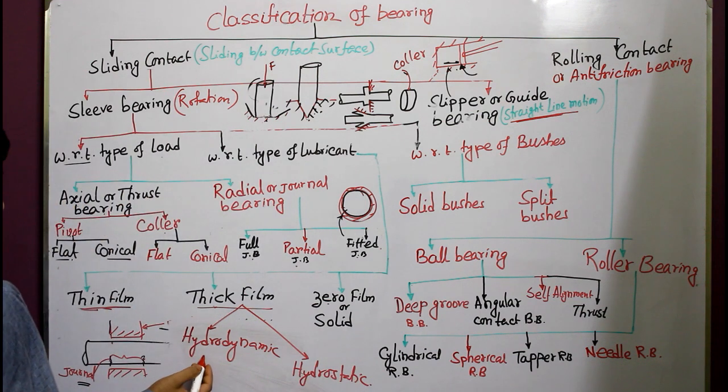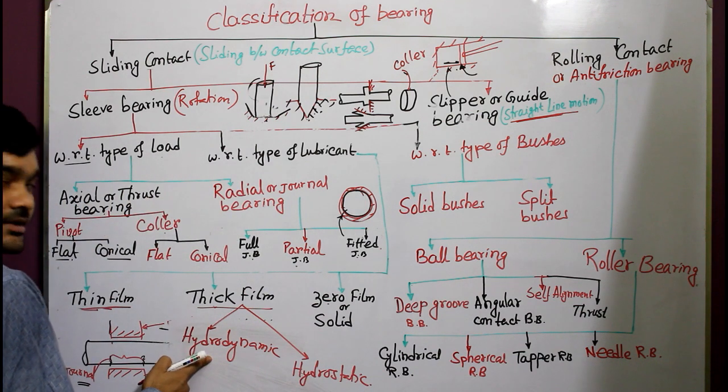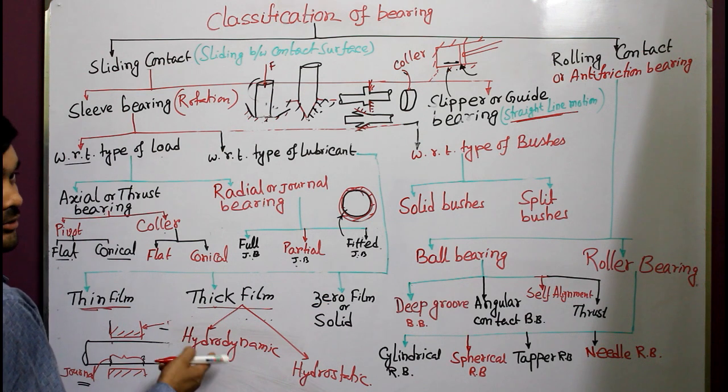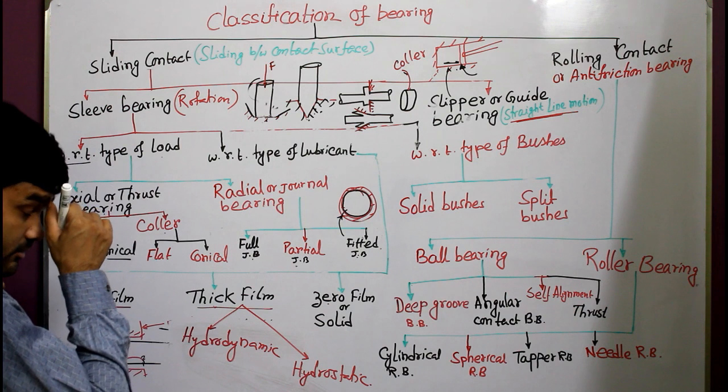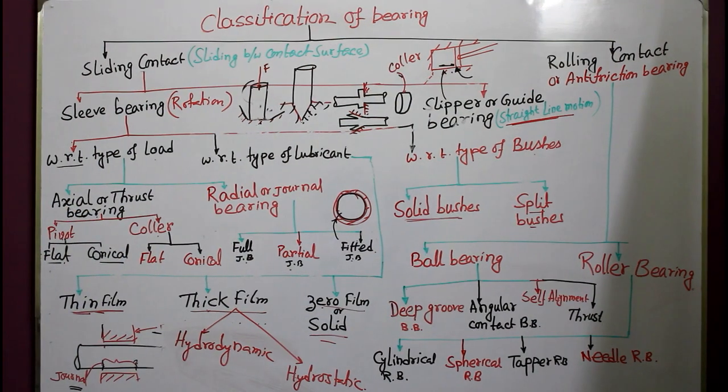In hydrodynamic, at high speed there will be no metal to metal contact, while at lower speed there will be metal to metal contact. In hydrostatic, even at static condition there will be no metal to metal contact. So this is our thick film.